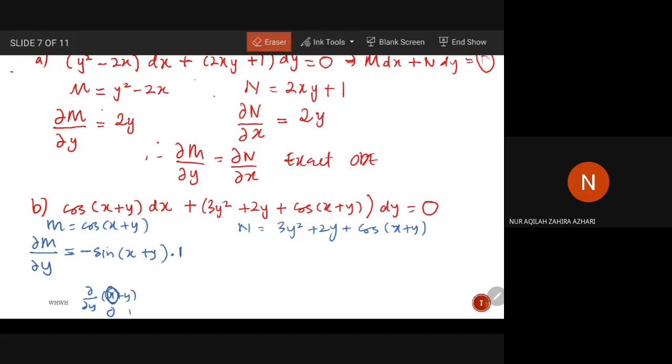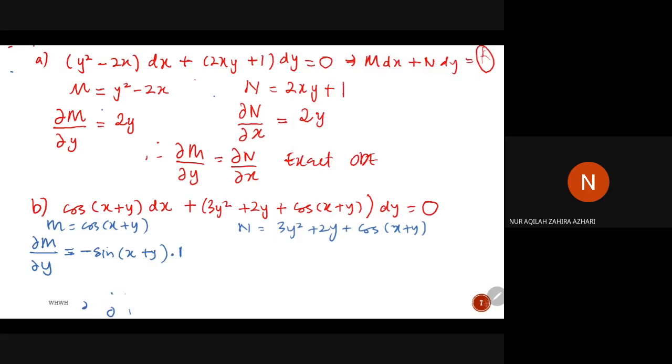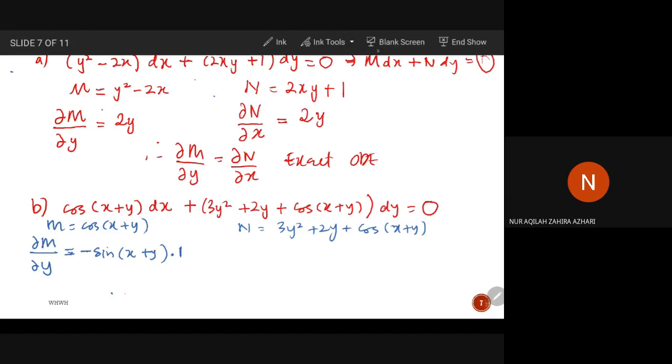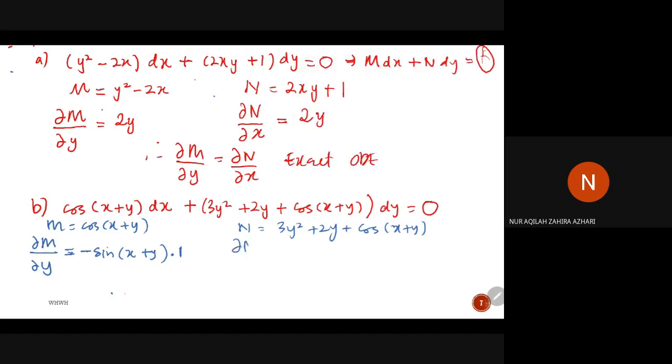What about the second ni yang kita punya apa? N kita ni. So untuk N, kita ada del N over del X. Macam tadi suspend je kan, 3y square lah, 2y lah. Tapi sebenarnya hakikat dia, we differentiate with respect to x.